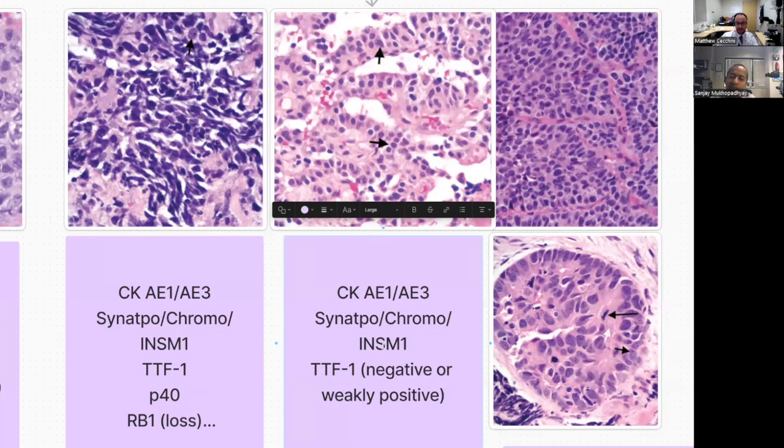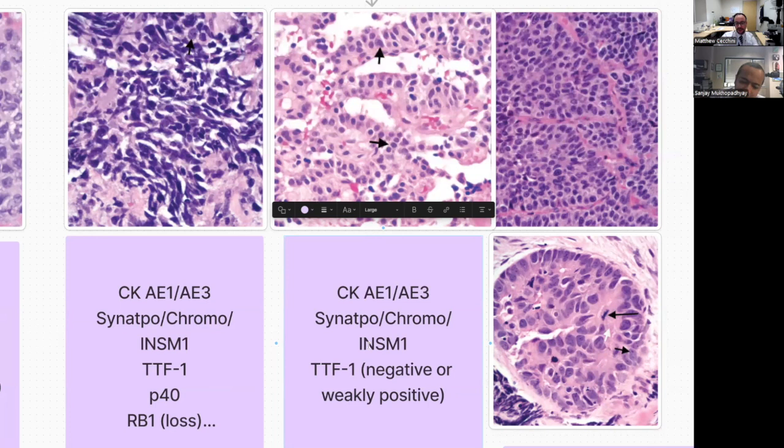I have a similar panel. I don't always do it depending on the scenario, but when I do it, I don't have INSM1. I'd love your thoughts on that. When do you find INSM1 helps? I find synapto is the most sensitive, chromo is a little bit more specific, and how does INSM1 add to that panel?